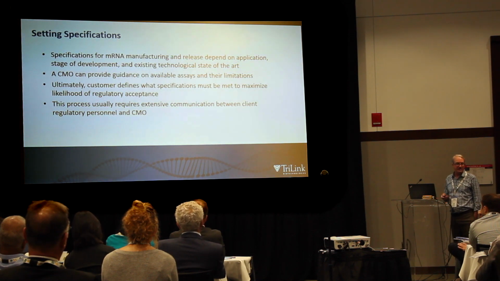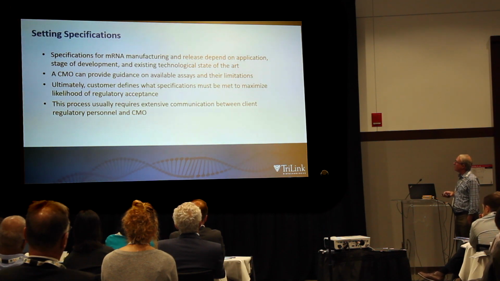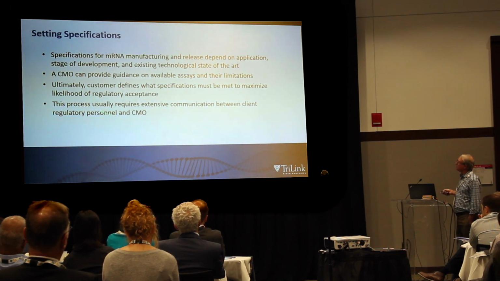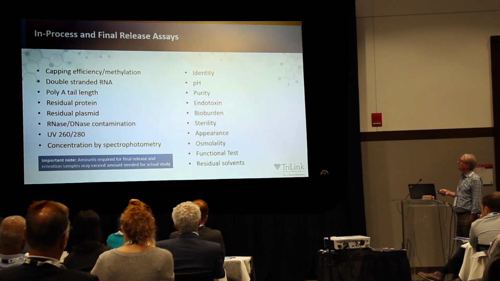We can give you advice as to what we think and what the norms seem to be, but in the end, this is going to be up to you. We can provide guidance, but you need to talk to your regulators and come to an alignment with them as to what the specifications need to be. And this can require extensive communication between the client, regulatory personnel, and the CMO. And so again, start that process early.